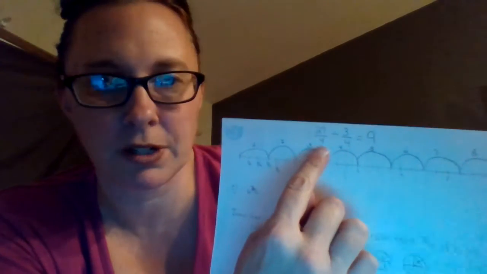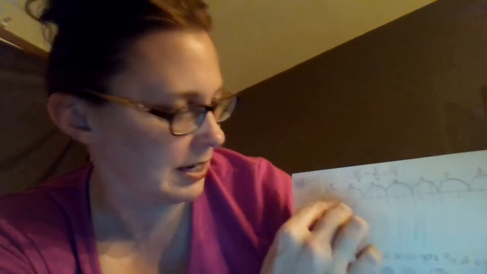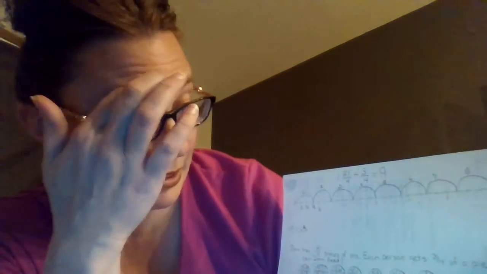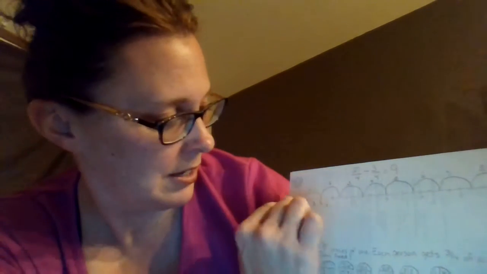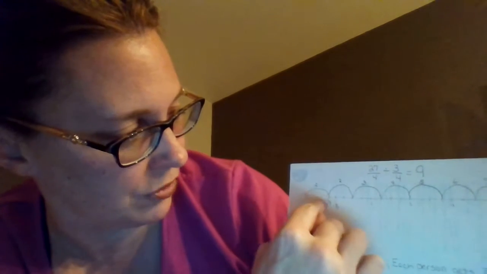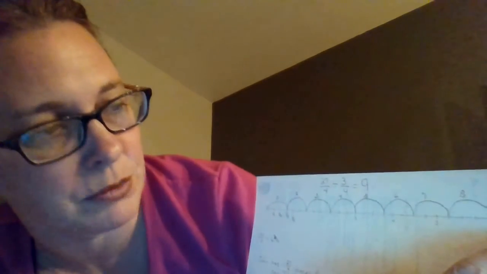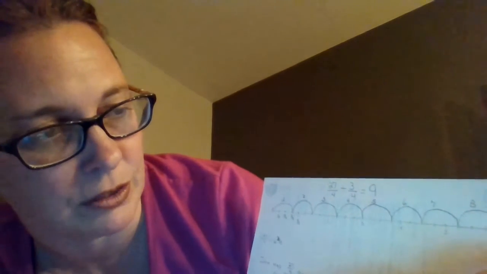The first problem that we're working on is 27/4 divided by 3/4 equals 9. So what I did was I drew a line here and divided it out and did a total of 27/4 all the way across, which is actually broken down into 6 3/4 across.